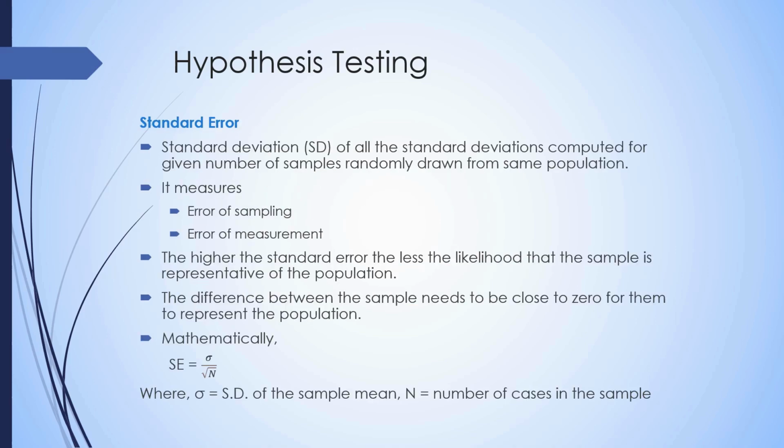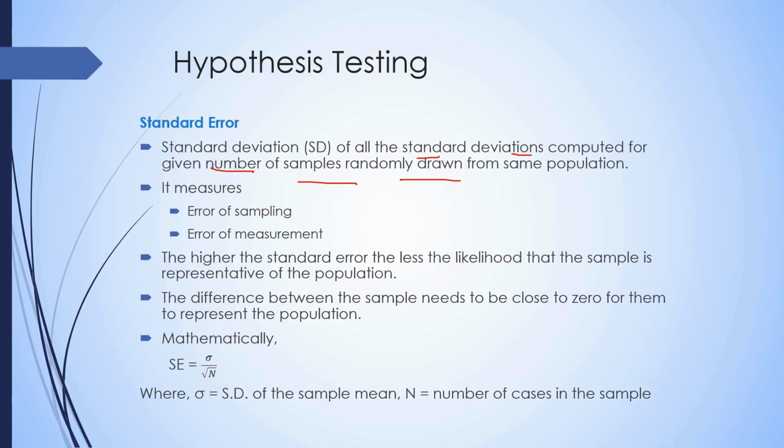Another error that you need to know is standard error. Okay, now what is standard error? Standard error is the standard deviation of all the standard deviations computed for a given number of samples randomly drawn from the same population. I would say you should go and refer back to the one-way ANOVA video because there I am explaining in detail what standard deviation and variance is.